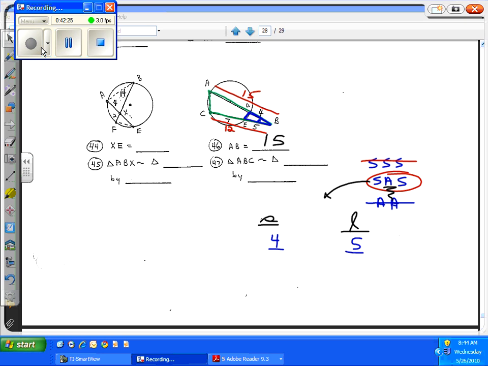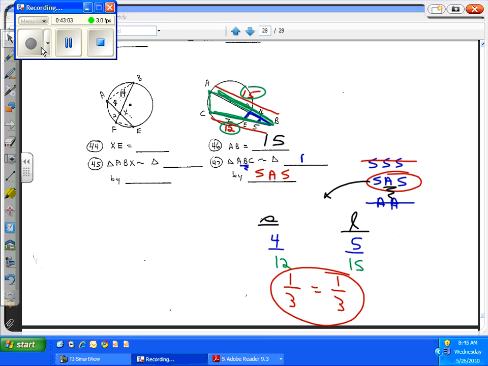The whole big green triangle, the sides of B are 12 and 15. Small 12, large 15. We have an angle of one triangle equal an angle of another. The sides that form those angles both reduce to a third. They are in proportion. So we can say that these triangles are similar by side angle side similarity.